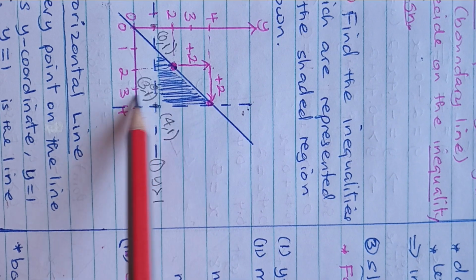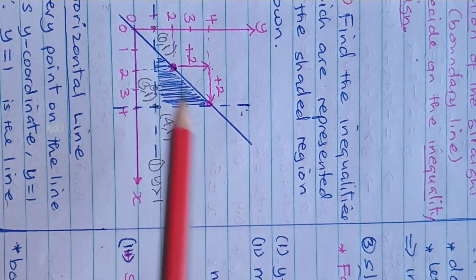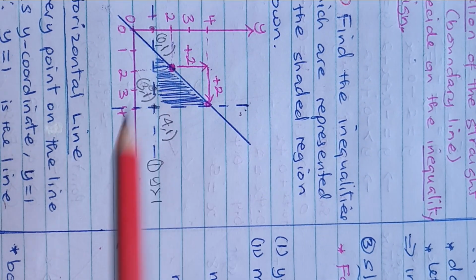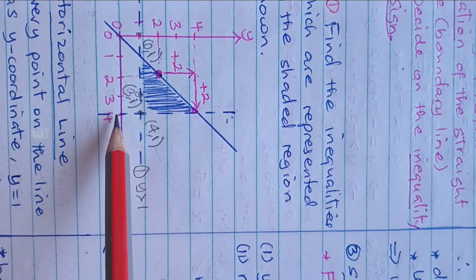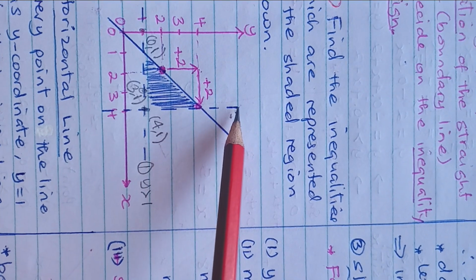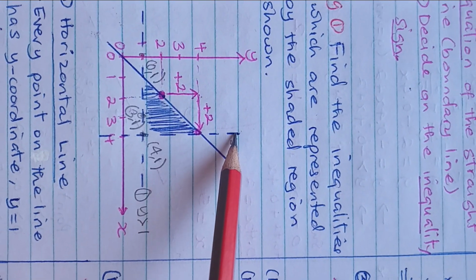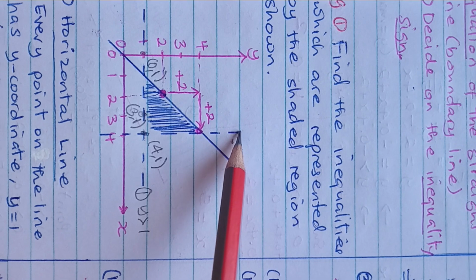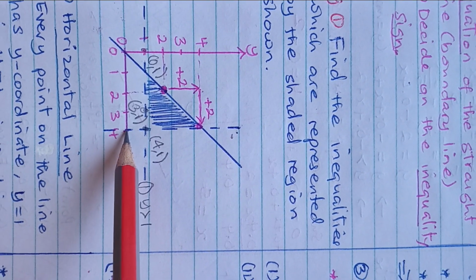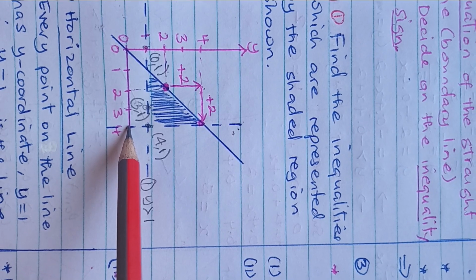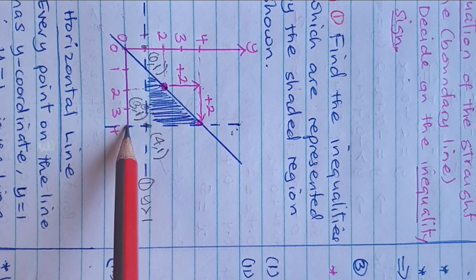Since it's not sloping, it won't cut the other axis. So we only look at where it cuts the x-axis. Now here's one simple way to find the equation quickly. Look, the line is vertical, so where it cuts the x-axis, that should give you your equation. x equals 4.